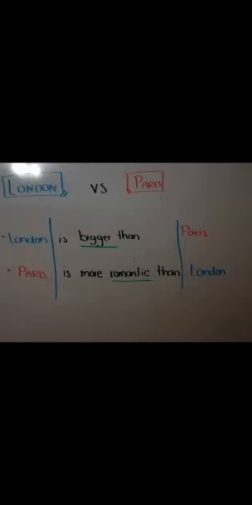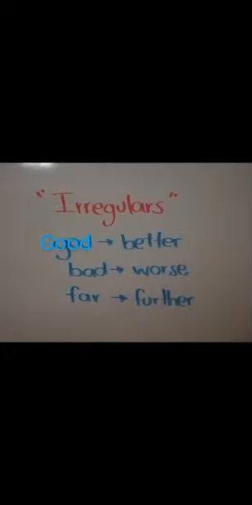Okay? But also, you can add a kind of emphasis. You can emphasize your idea. For example, in here, you have Dubai is much more modern than Argentina. Or Mexico City is much busier than Monterrey.